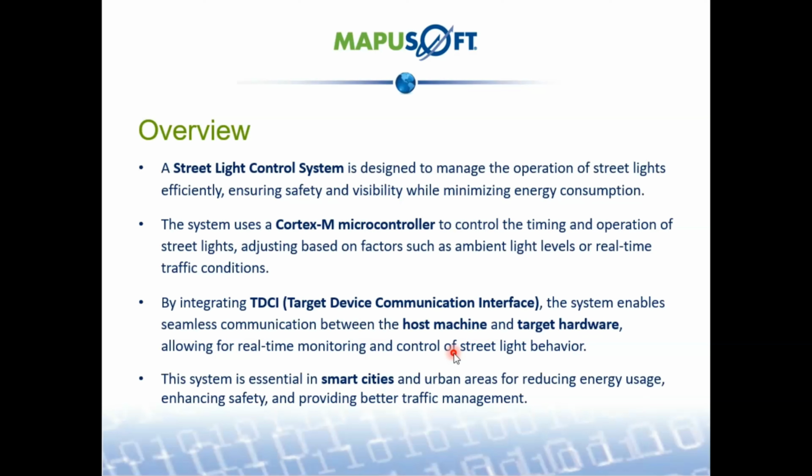Here we are using a streetlight control system with this TDCA mechanism so that we can send real-time data, and depending on it the target will respond back to the host.